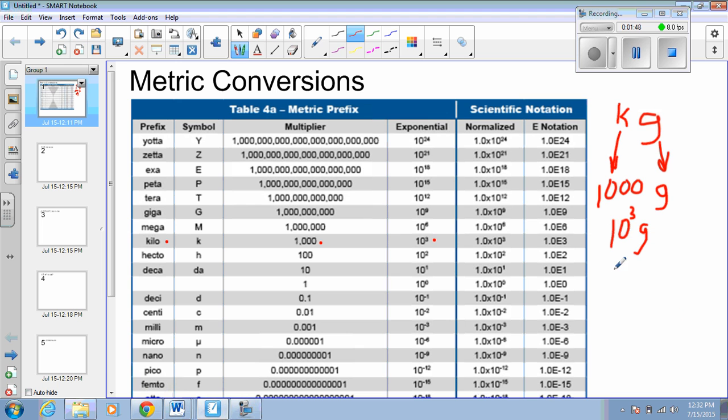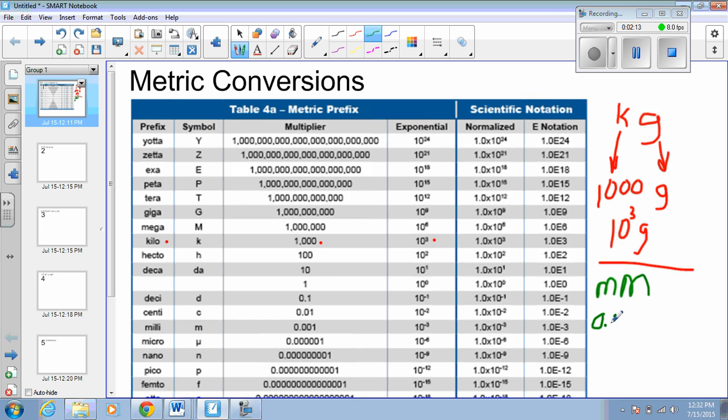Let's look at the smaller examples. So let's look at milli, because we're used to milli. Milli's a familiar one. A millimeter. What's a millimeter? Well, milli stands for 1,000th of a meter.